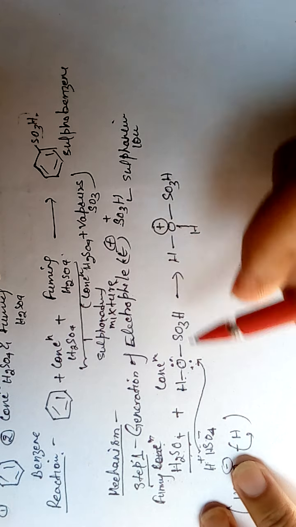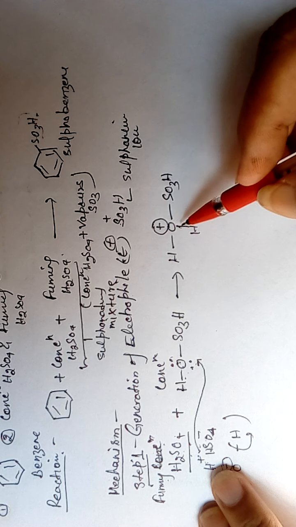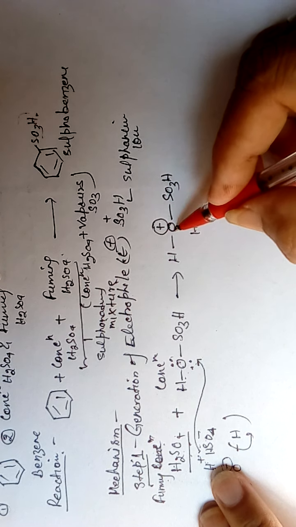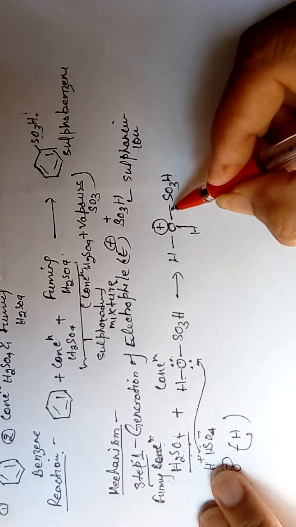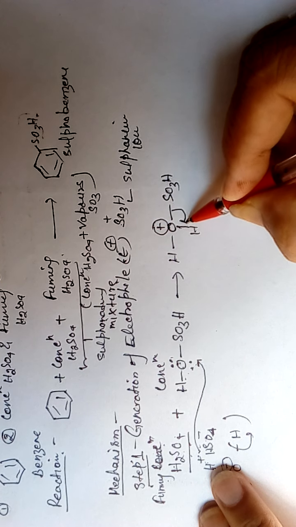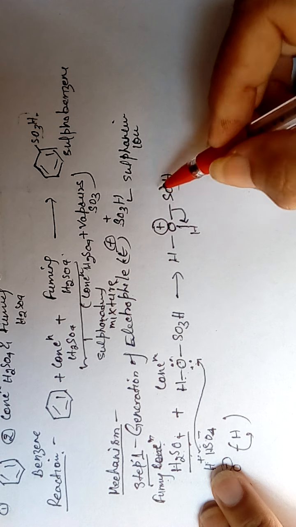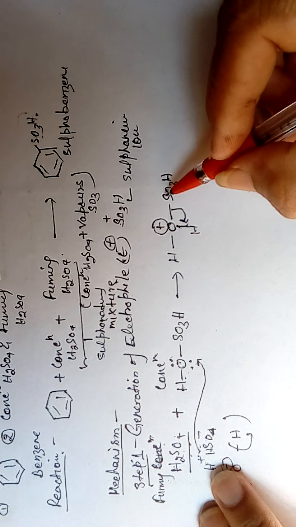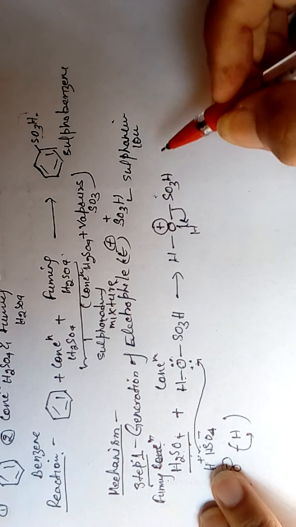Because the H ion takes a lone pair of electrons, this oxygen gets a positive charge, and due to this positive charge this bond breaks from here, and a positive charge comes on the sulfur.